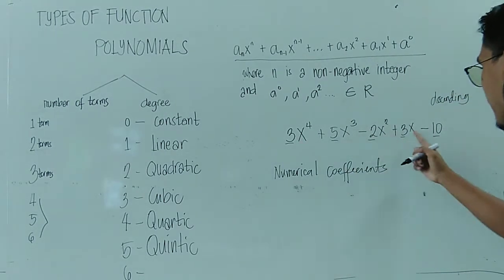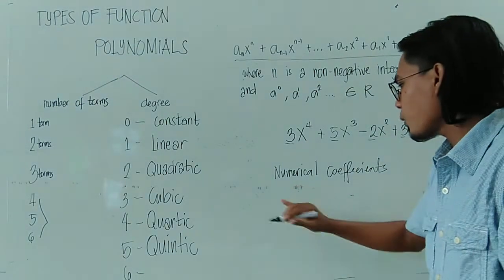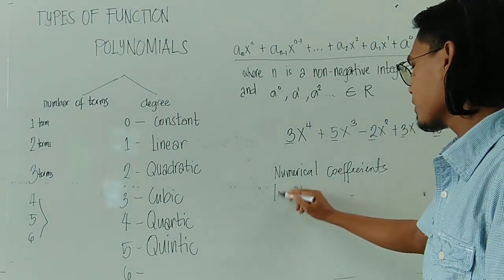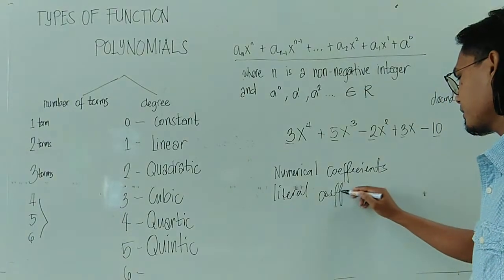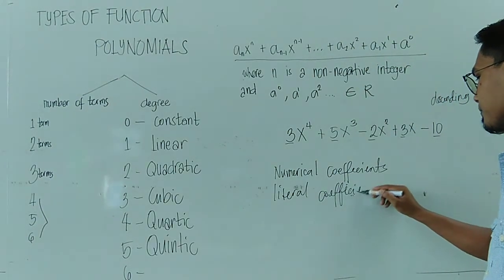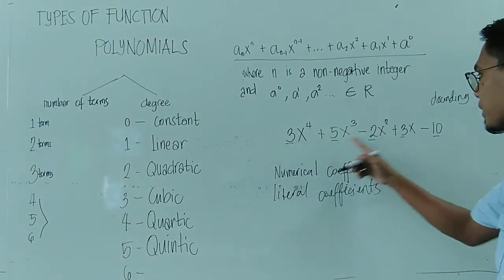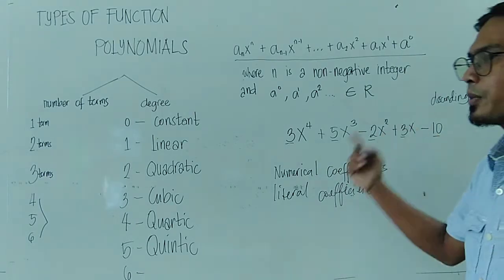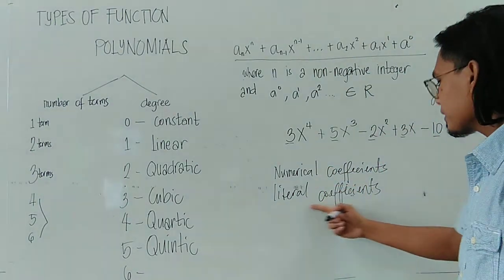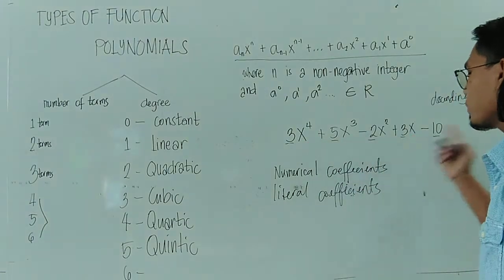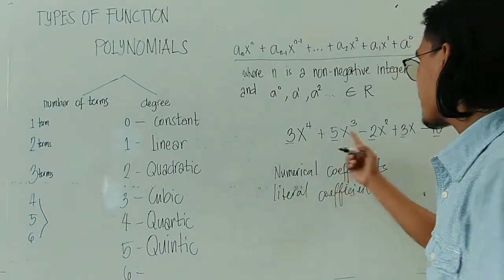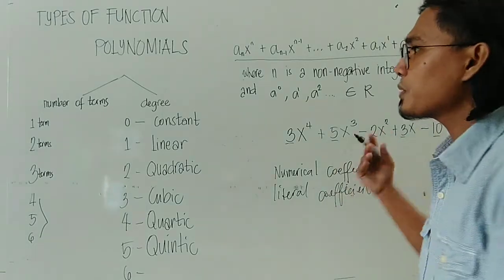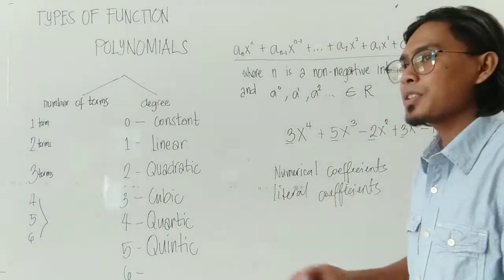And all the letters or variables are called literal coefficients. Okay? So all the numbers are called numerical coefficients, and all the letters are called literal coefficients. In some cases we don't use x, but to be basic we use x, and sometimes x and y.